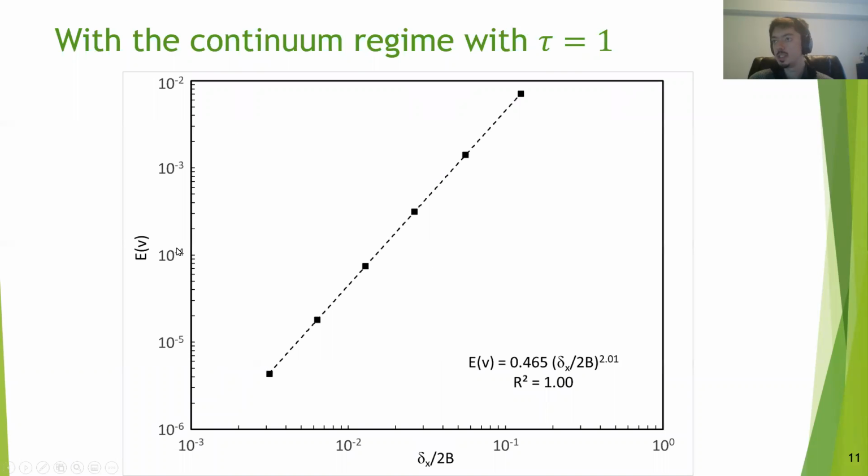First we set the continuum regime with tau equals 1, and we saw that we recovered second order convergence for the traditional continuum regime flow with the LBM. This is nothing new, but it is an essential step of our verification procedure, because if we recover something else, then it is the code that has trouble, not the scheme.